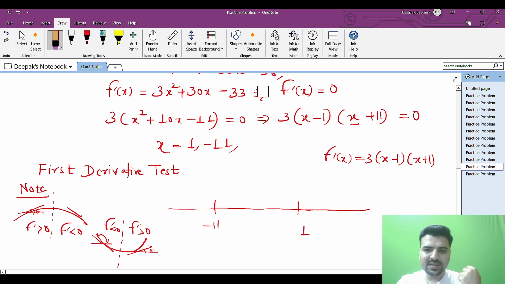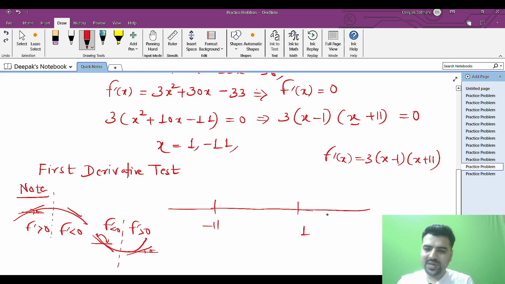When I put a value greater than 1, let's say 2, x minus 1 is positive and x plus 11 is positive, so the product will be positive. Whenever you put a value greater than 1, you get a positive slope.